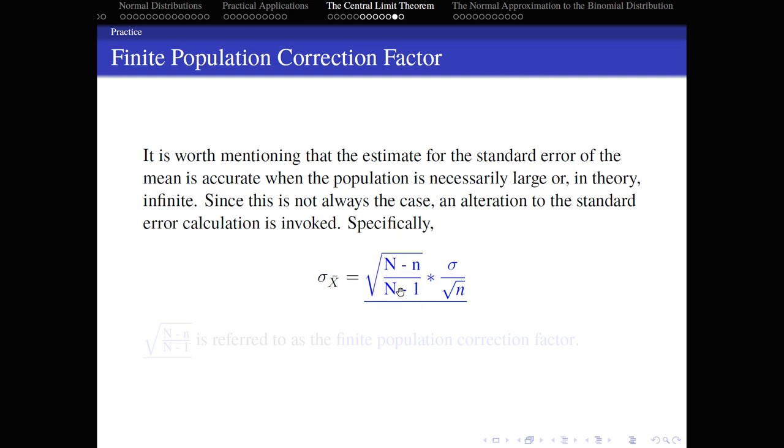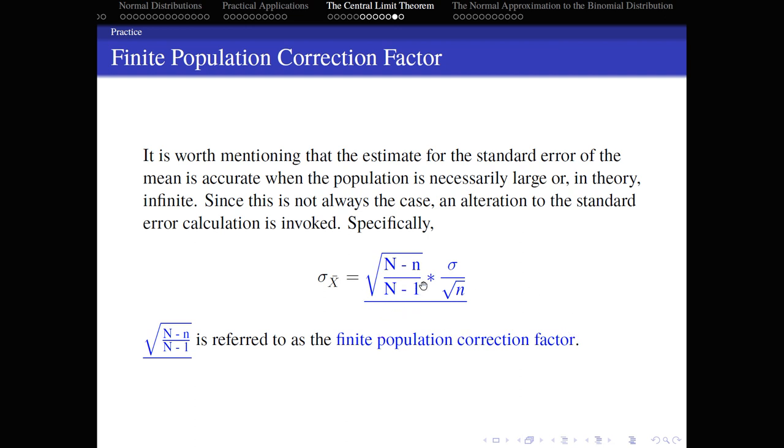Now remember from those little notes in the back of your notebook that capital N is the population size, little n is the sample size. So in this case, we're doing the population size minus the sample size divided by the population size minus 1. This square root at the beginning is used to correct this, and in fact, that term is called the finite population correction factor.